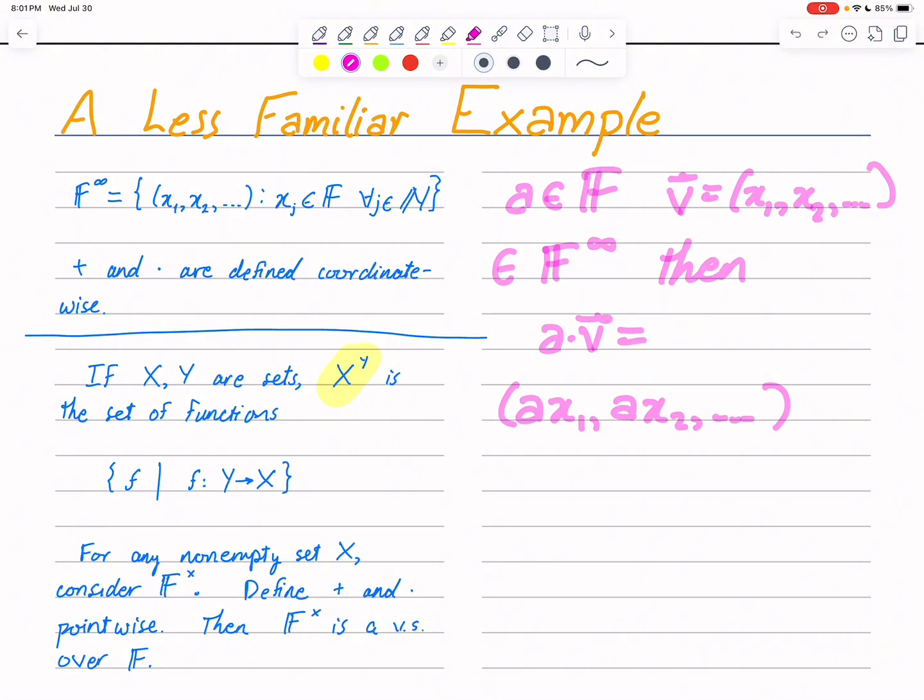Well, again, it's coordinate-wise, right? You take this scalar and you multiply by the first coordinate, and then you multiply by the second coordinate, and so on. Again, this is a field element because it's a field element times a field element, right? And fields are closed under multiplication, right? This next one is again a field element, and so on. So you again get an infinite list of field elements, and that's why this example is closed under scalar multiplication.